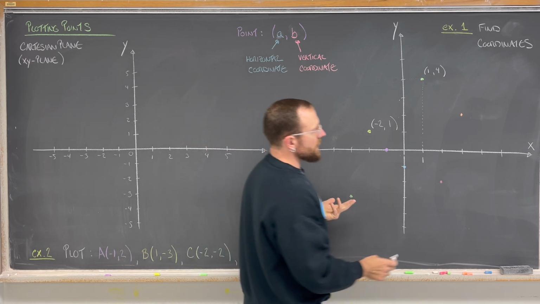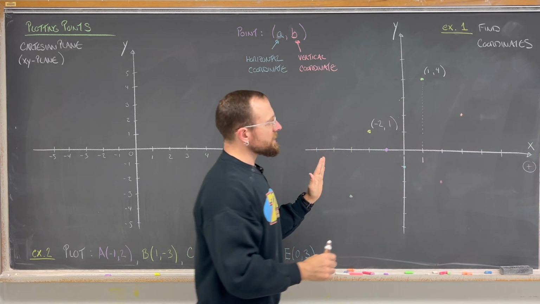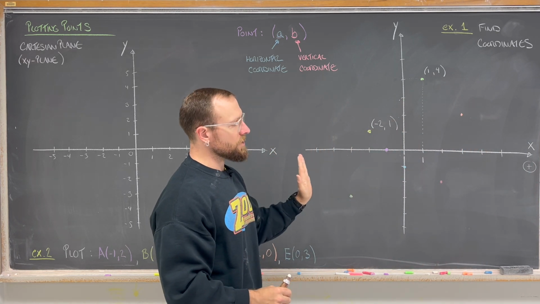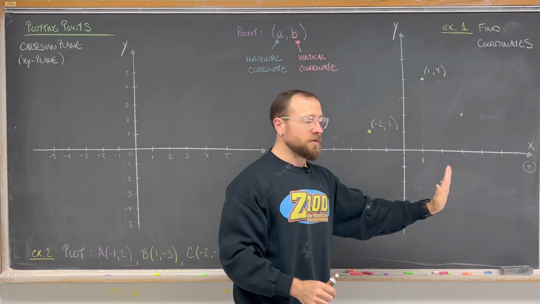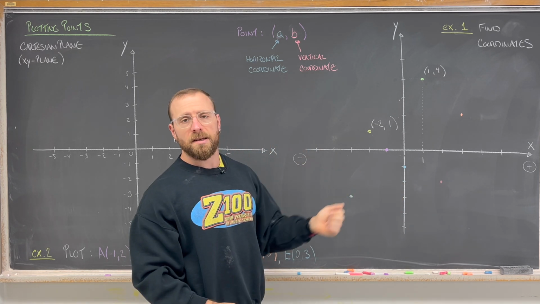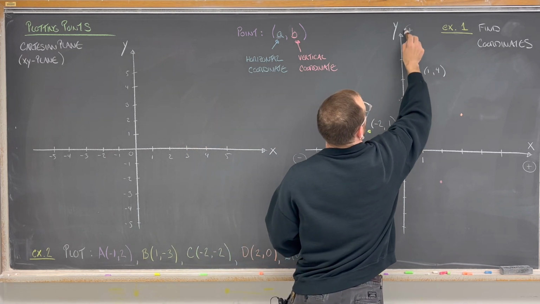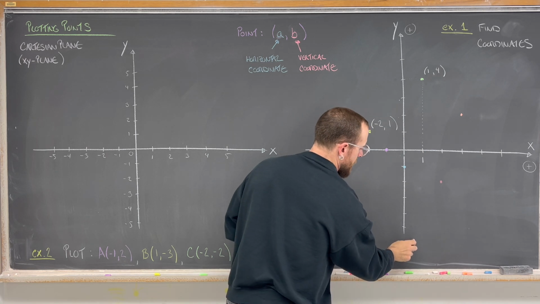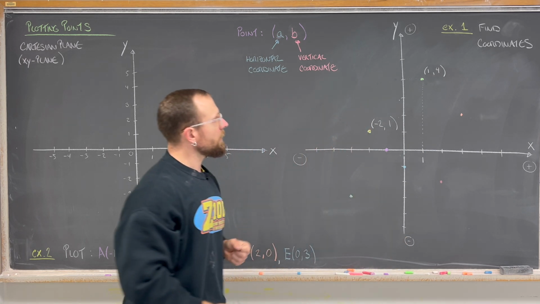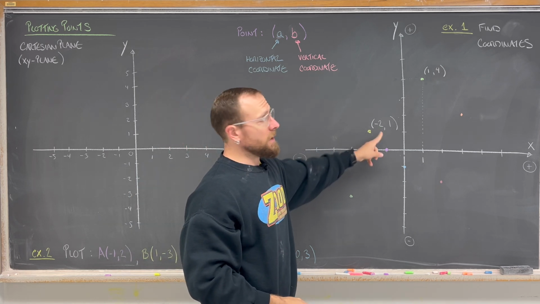So you have to understand that in terms of the horizontal position, moving to the right is the positive direction, and moving to the left is the negative direction. That's the way the x-axis is oriented. And vertically, up is the positive direction, and down is the negative direction. Okay? So that's why this has a negative x coordinate.